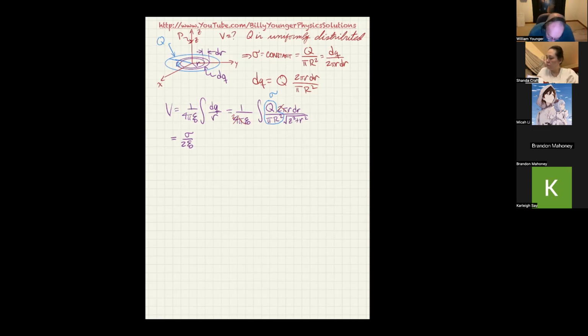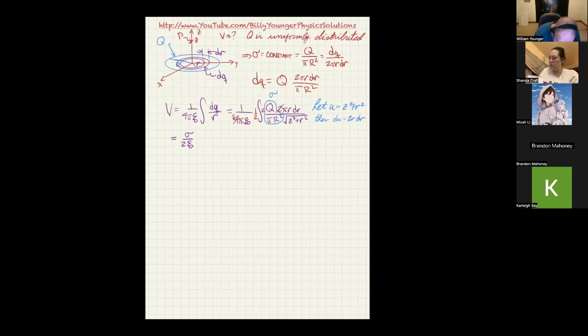Now, to do this integral, I need to let u equal z squared plus r squared, then du is equal to 2r dr. So what I need to do is multiply by 1 over 2 and then multiply by 2 as well, so that that r dr becomes 2r dr, which is just du.